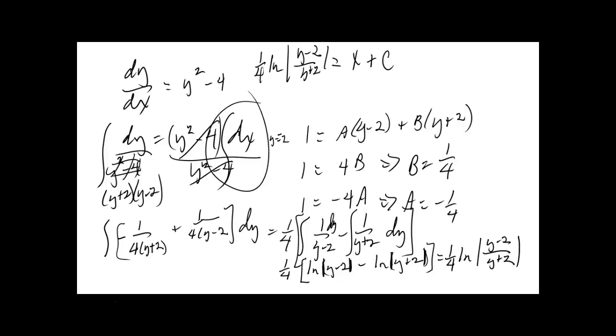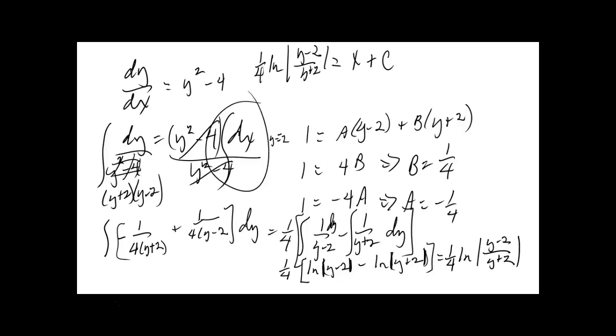Okay? Now, up here though, there's no problem with this. dy/dx equals 0, that would be a constant function. So in doing our separation of variables, it sort of looked like we lost two solutions. In fact, when we divided both sides by this, we lose two solutions. y is equal to +2 and y is equal to -2.